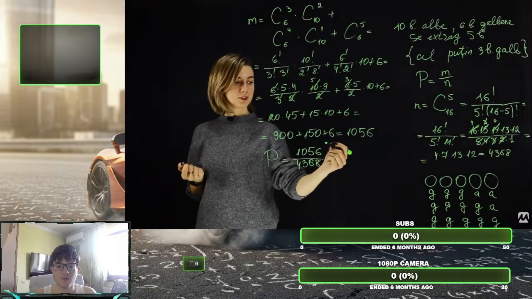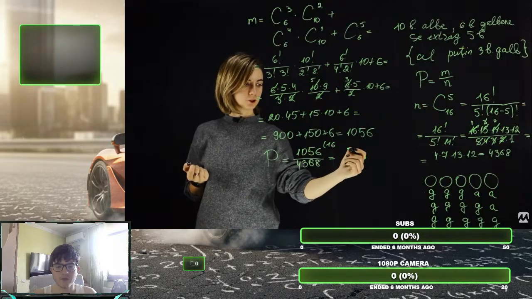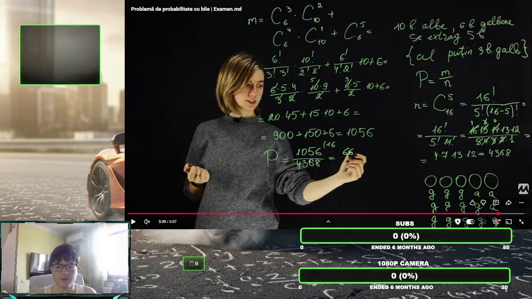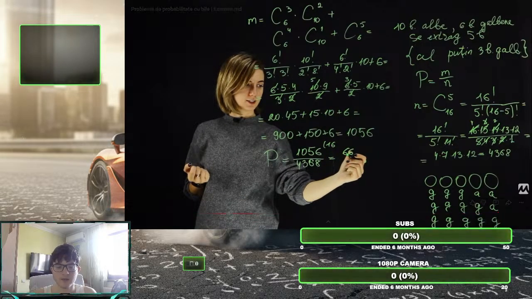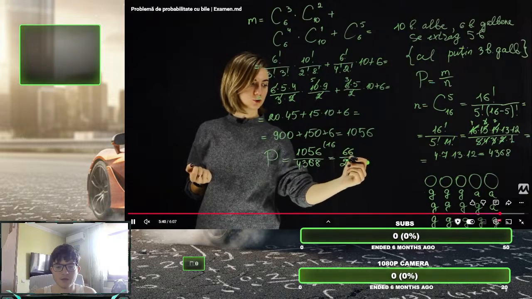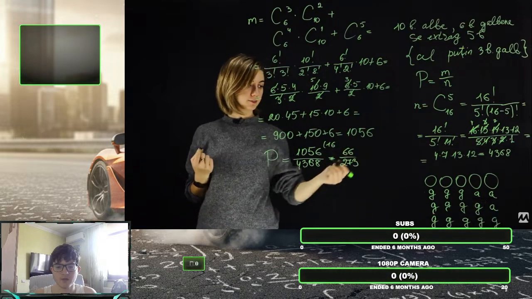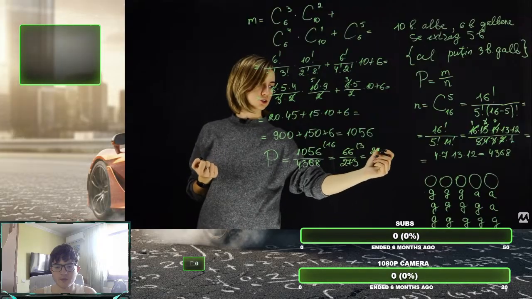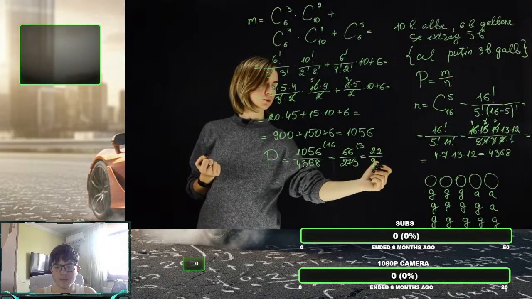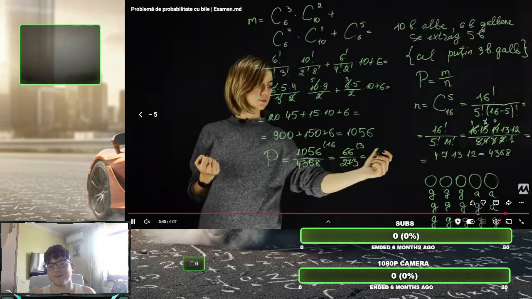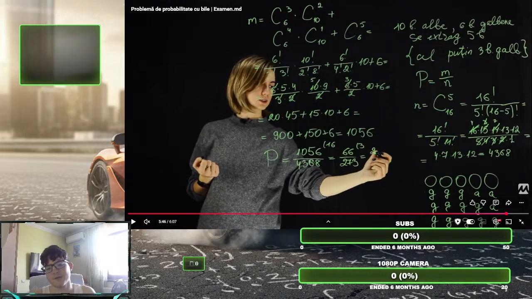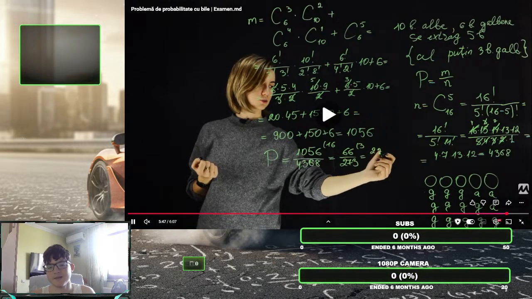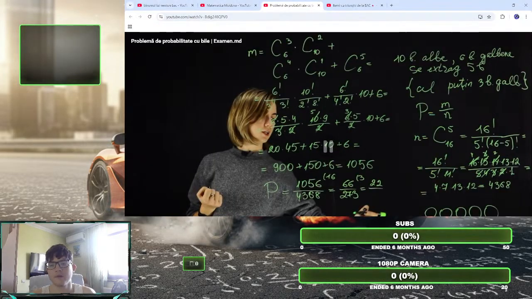Maybe we can simplify something higher. With 16 we can. So that's going to be 66 over 273, and by 3 again, so 22 divided by 91. Didn't show till the end, whatever, you get a point.